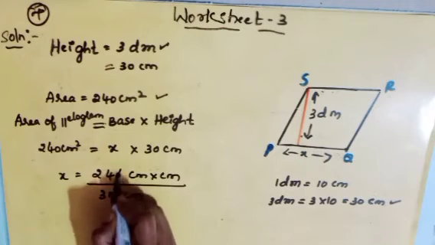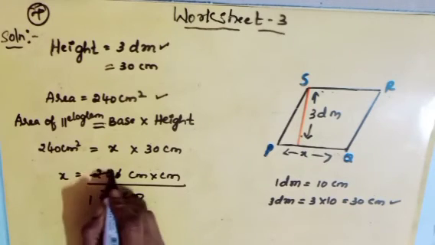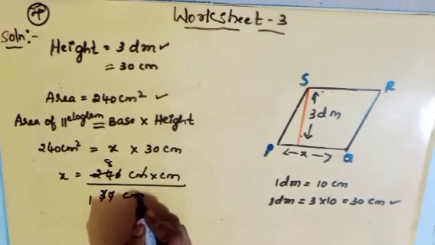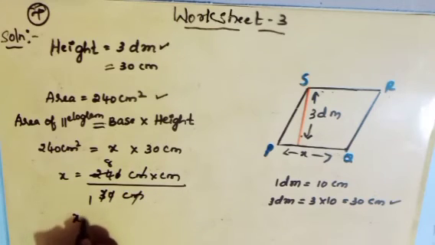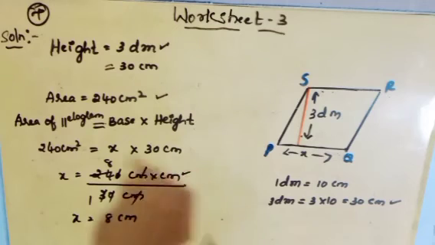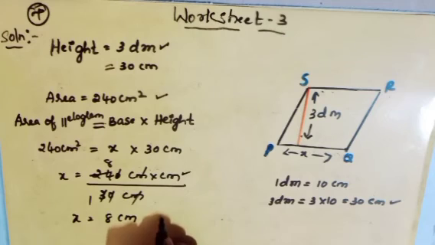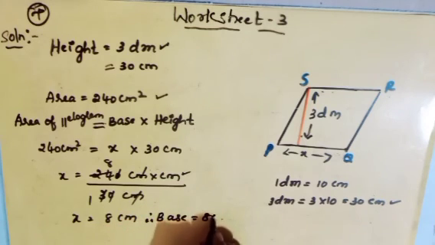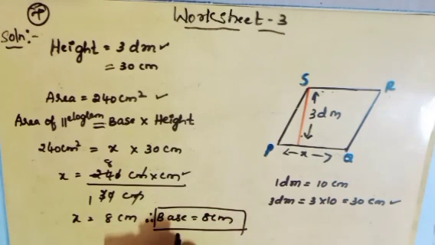The 0s get cancelled. 3 8s are 24, and centimeter also gets cancelled. Therefore x equals 8 centimeter. X means the base. Therefore base equals 8 centimeter. Let us solve the next one.